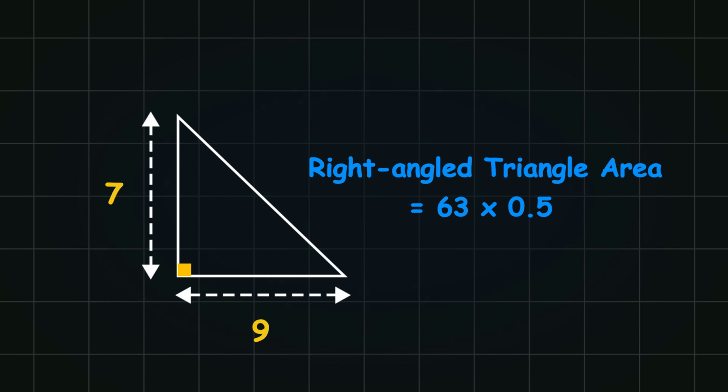Or, instead of saying times a half, you can say divided by 2. So 7 times 9, which is 63, times a half, which is going to be 31.5. By the way, guys, we always want to put our units next to our length, because we've got to know what it is, like 9 centimeters, apples, potatoes or whatever. We got to know what it is.